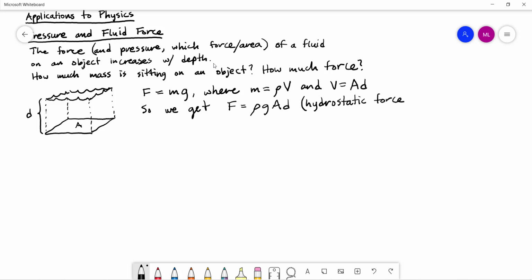This is the force that is simply due to all this water pushing down on this plate. You could think of this plate with area A, that force due to gravity.